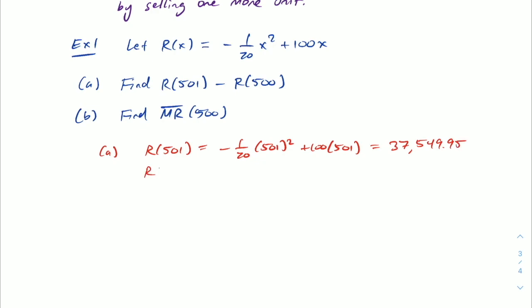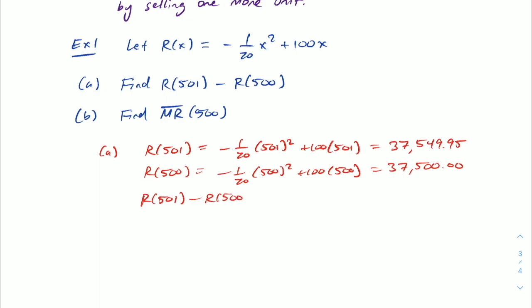R of 500 is going to be, if we evaluate it using our calculator or our computer, 37,500. So the difference between those two values is going to be $49.95.